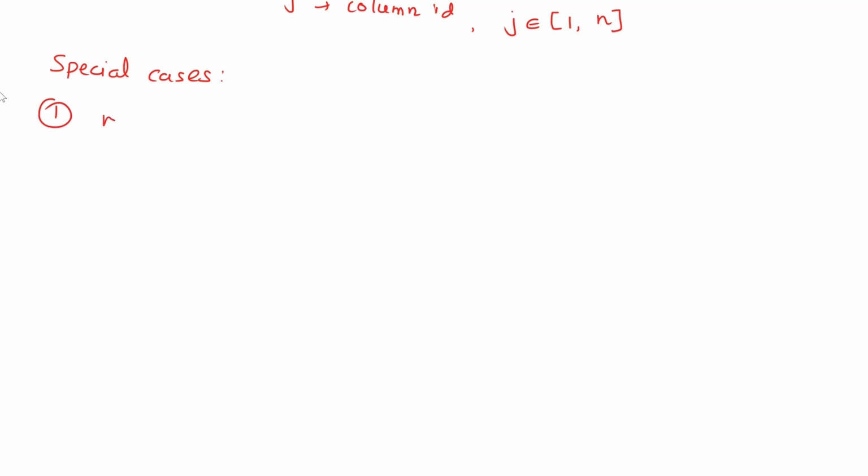The first one: let's say m, which is the number of rows, is equal to 1 and n is not equal to 1. That will give us only one row in a matrix, and we will call that a row vector. Let's call that row vector R. Then we can write the row vector as R11, R12, R13 up to R1n.